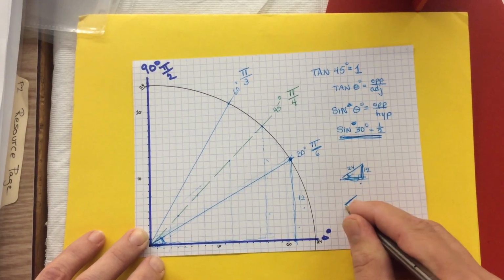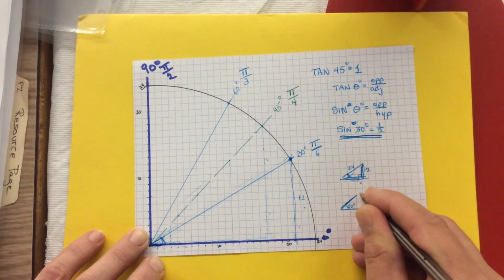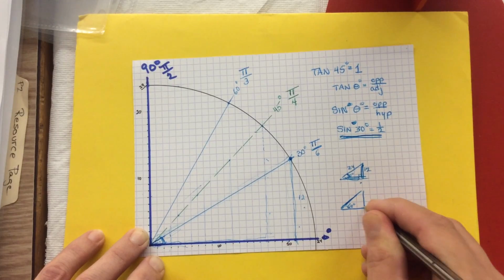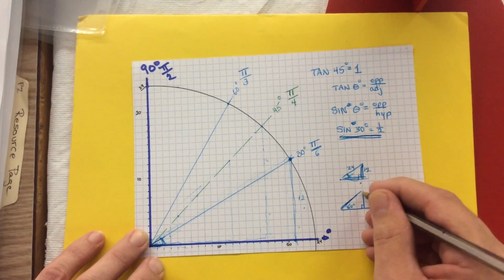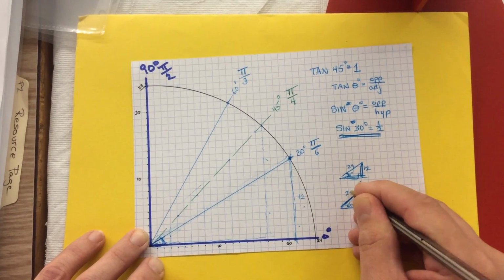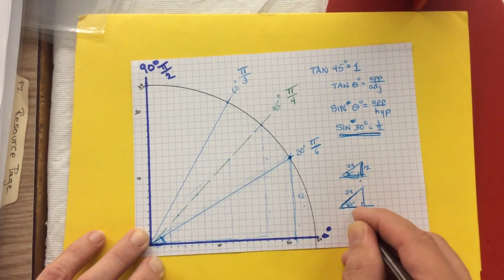Okay, so now let's turn this around for a second. What if I wanted 60 degrees? There's 60 degrees. There's a right triangle. This is still 24. What do I know? What side do I know that's going to be 12? Right, that this right here has to be 12.